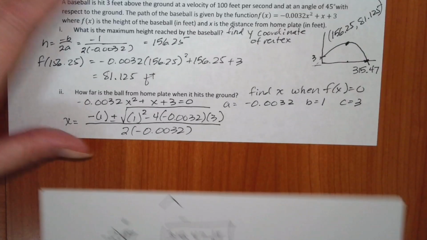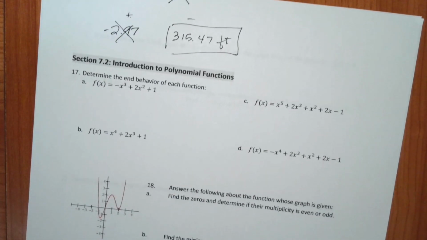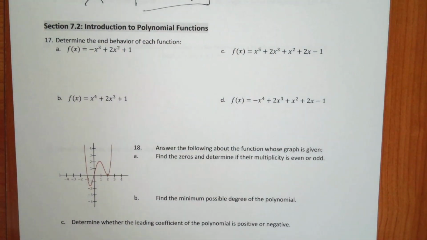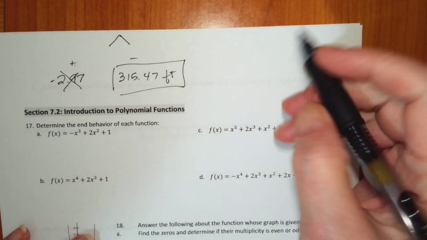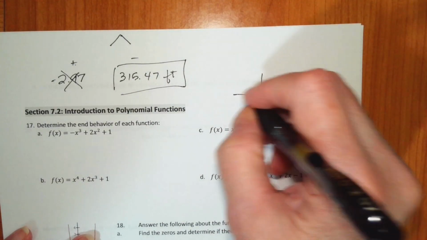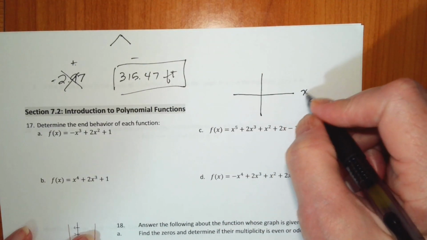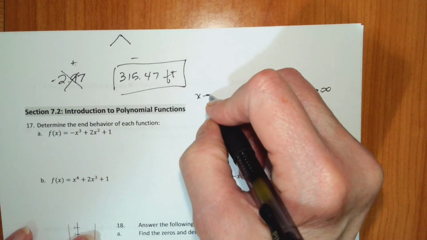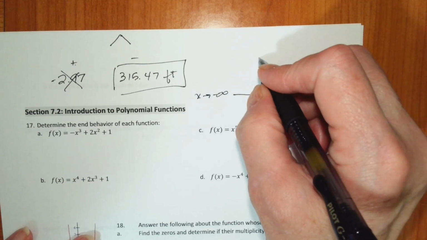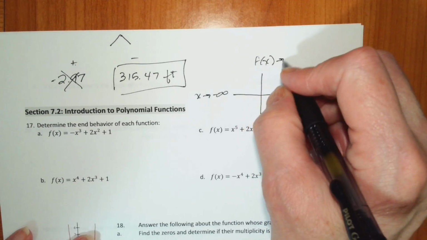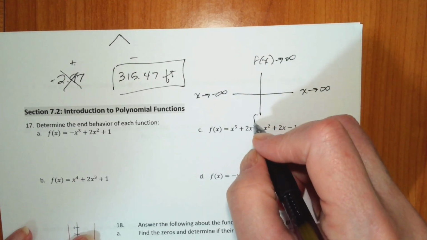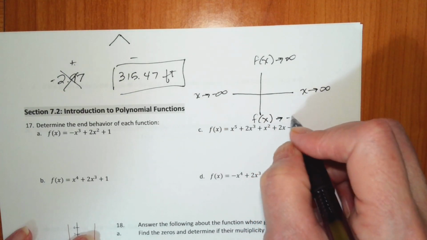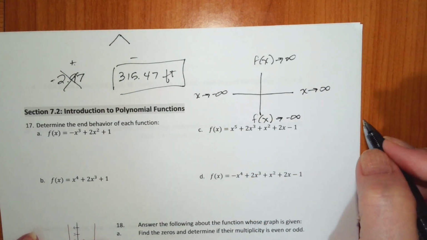So let's go on now into 7.2, which is an introduction to polynomials. We want to determine the end behavior of this. Now remember on the end behavior, here's where x goes to infinity, here is where x goes to negative infinity, this is where f of x goes to infinity, and this is where f of x goes to negative infinity.